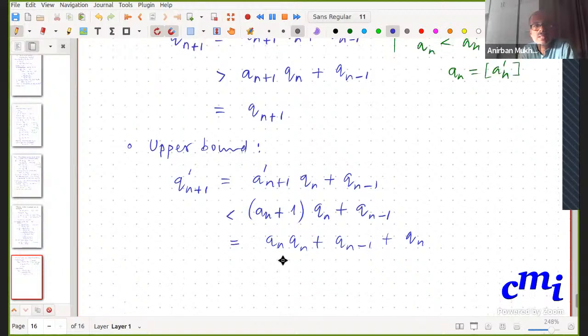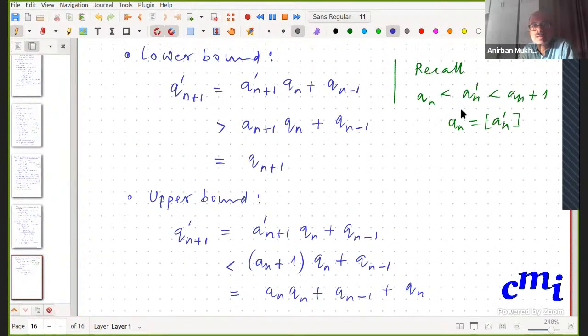I just made a mistake, because this is for n and I'm using it for an plus 1 dash, so this should be an plus 1.